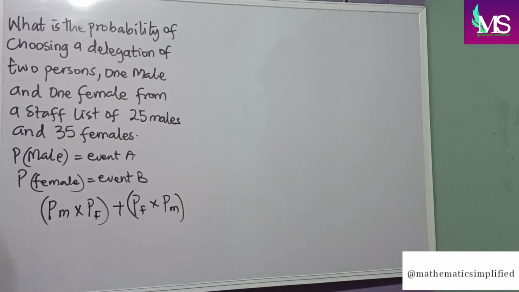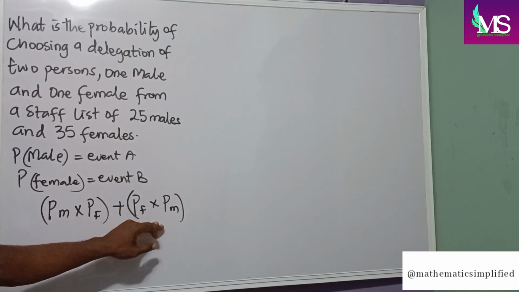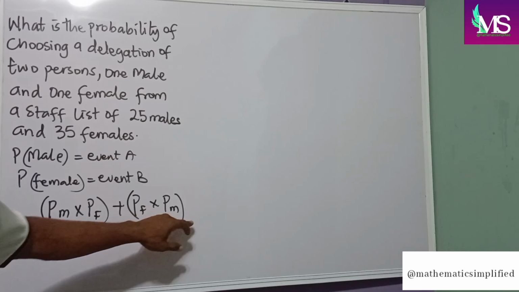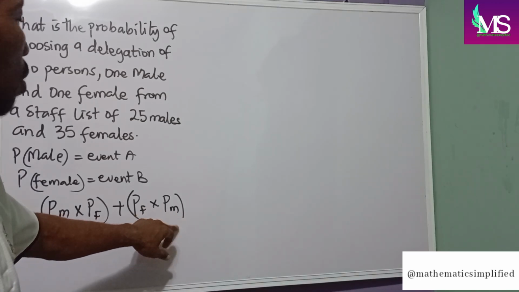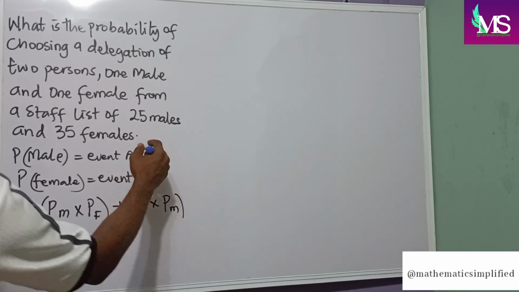This is saying the probability of male being chosen first times the probability of female being chosen second, plus the probability of a female being chosen first times the probability of a male being chosen second, since this is in any particular order.